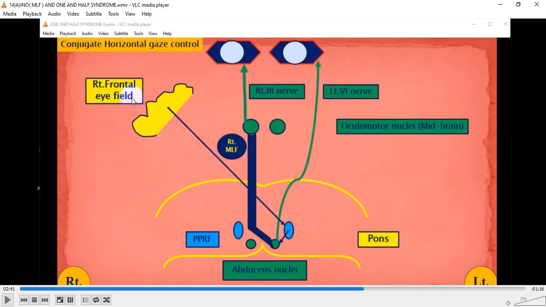So the right frontal field will be stimulating the left side parapontine reticular formation. You can see this. There is abduction of the left eye, adduction of the right eye.